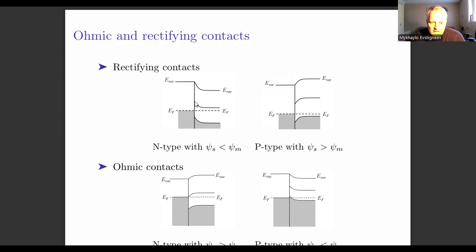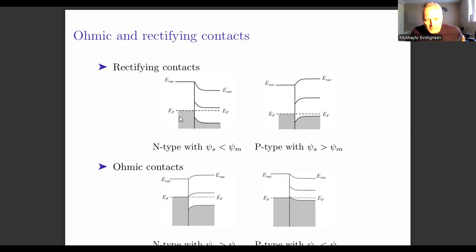This energy difference is the difference between the maximal value of the conduction band energy in the semiconductor, that is here at this peak, and the Fermi energy of the metal.